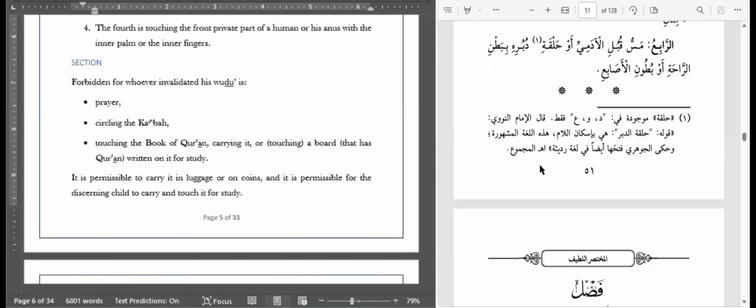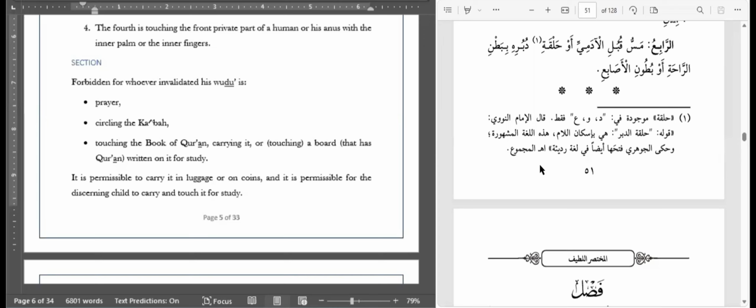So according to the new saying of Ash-Shafi'i, you can just say private part, and we'll cover the anus. According to the old saying of Shafi'i, you're going to say the front private part and not the anus. And it's permissible to take his old saying.